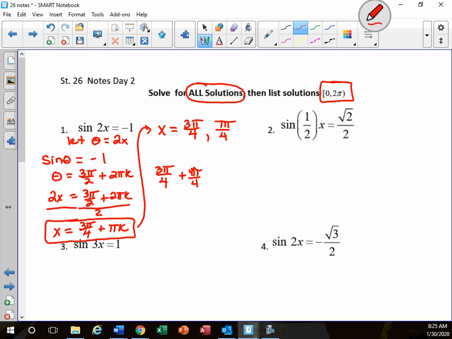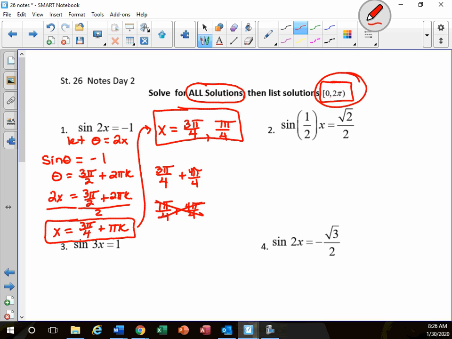Okay. That's it, because what would happen if I added again? Like if I took that 7 pi over 4 and added 4 pi over 4. Exactly, it would be outside of this window, so it doesn't work. So we cannot do that one. So we have these two answers.